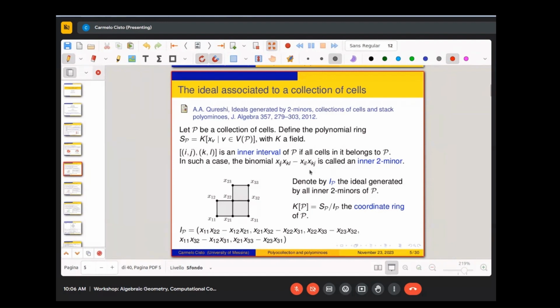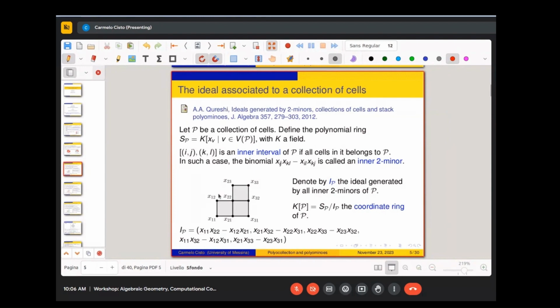We consider the set of all inner minors of a collection of cells, and the ideal generated by all inner minors is the ideal I_P, also called the ideal associated with the collection of cells. The coordinate ring of P is the quotient ring between the polynomial ring and the ideal.